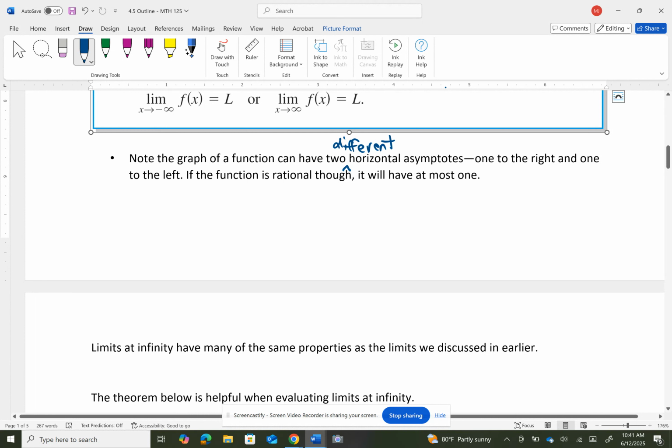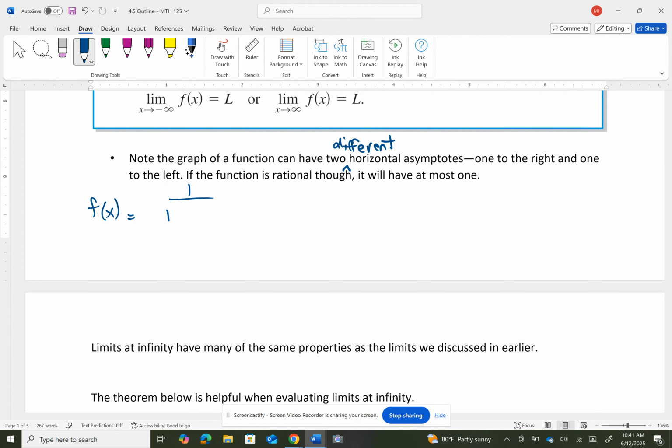All right, here I want to show you an example of a function. Let's think about the function 1 over 1 plus e to the negative x.